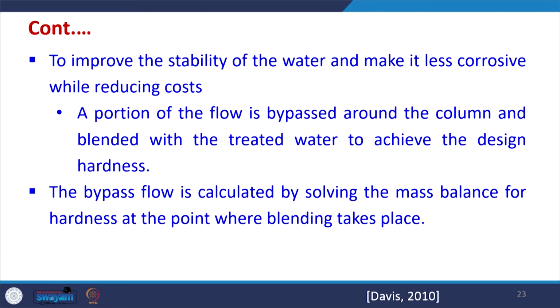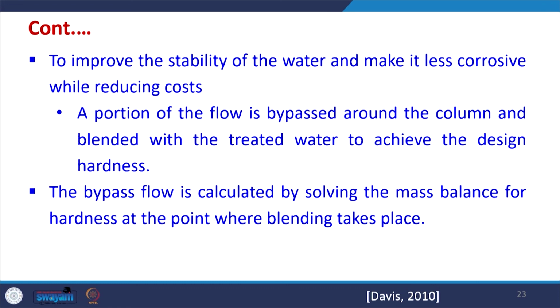This type of design is also used in some commercial water treatment units available for household use, because in this way we can manipulate the amount of minerals or ions present. If we do not desire all the ions to be removed, we can use such a bypass scheme and mix the untreated water with the treated water, so that we can achieve a certain amount of hardness or TDS, whichever may be required.